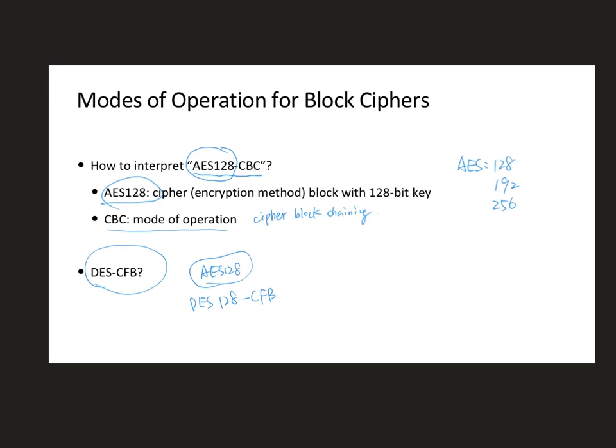The reason is that there is only one option for the DES encryption method's block size. The 64 bits is the only option for the block size, so you can just omit the 64 after that. So there is no DES 128 CFB.